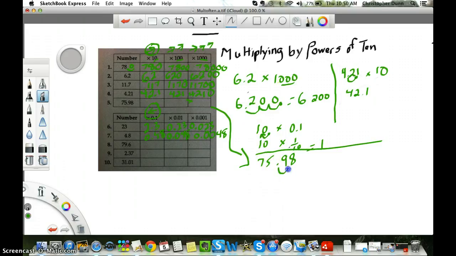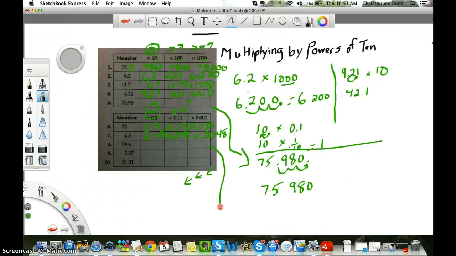So we're going 1, 2, 3, and fill that in, and so of course that's going to be 75,980. That's the answer there. And when you're multiplying with these decimal numbers, this goes 2 to the left. And this one, of course, would be 3 to the left.